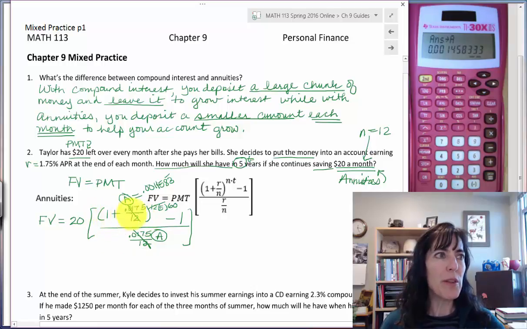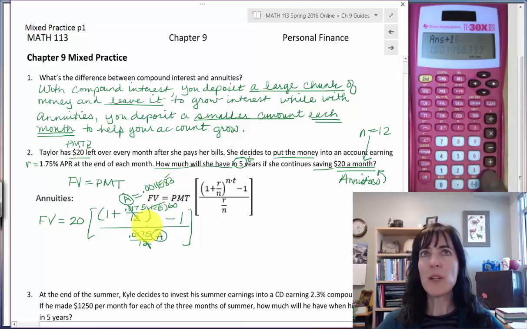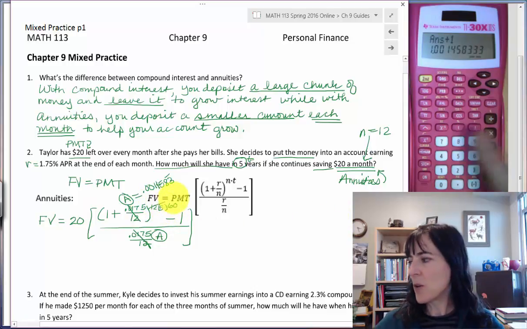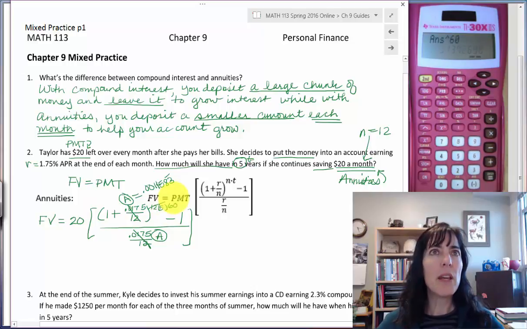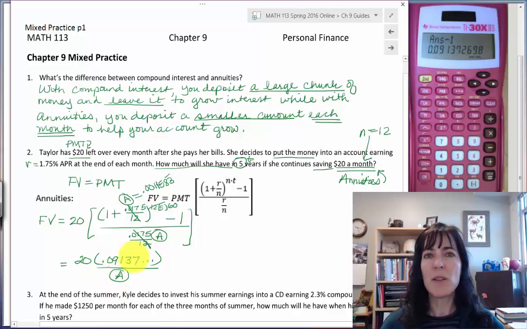So I'll take inside the parentheses 1 plus my A. The A is sitting there on my calculator, so I'll just say plus 1, and I get 1.001453 repeating. And then I have to do this exponent next, right here, the 60, so I'll do to the 60 equals, and then for this numerator, the last thing I have to do is subtract a 1, minus 1, and so I'll rewrite, I have 20 times 0.09137, and it goes on, divided by what's in A. I'm getting close.